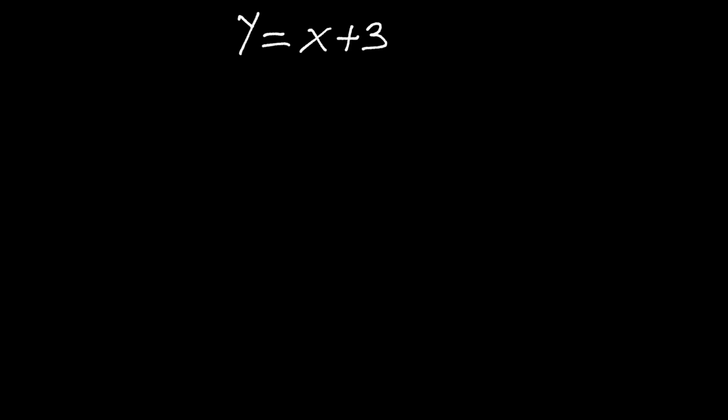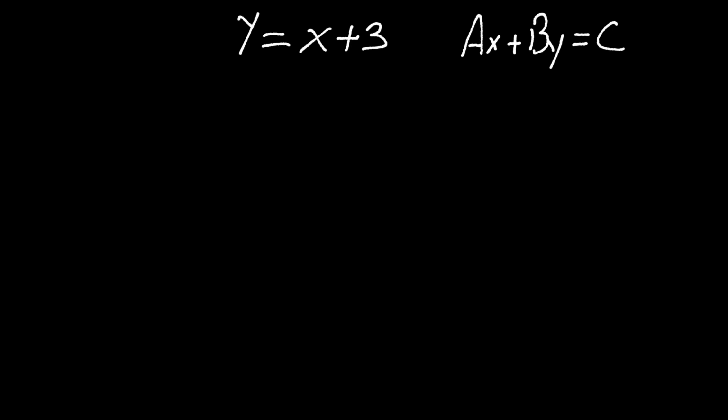Here we have an equation that says y equals x plus 3. We want to first see, is this a linear equation? And to do that, we should try to see, can we change it into that linear equation standard form we just saw? And if we forgot what it looked like, remember it was ax plus by equals c.